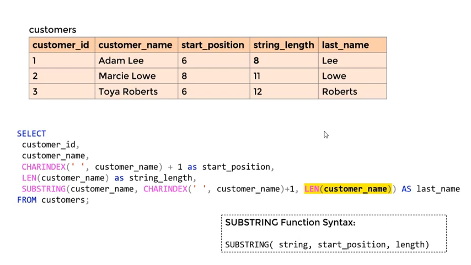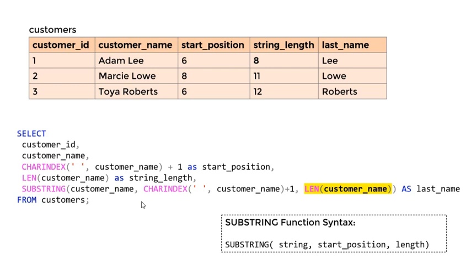Let's see the next one, how to use the string functions, length, substring. This is one of the important ones. They will ask in interviews how to separate last name and first name from the employees table by using substring. Just remember this query: substring, customer name, and char index. What is the char index syntax?